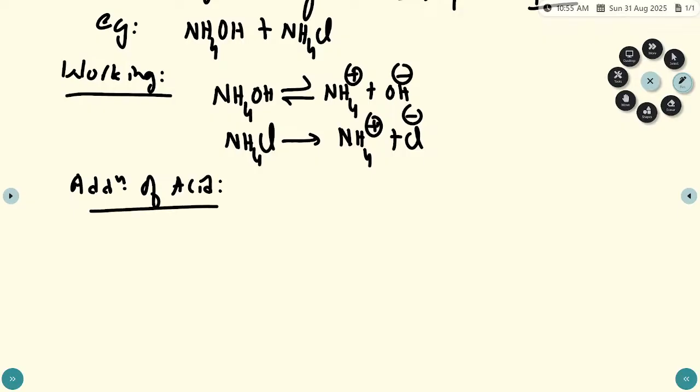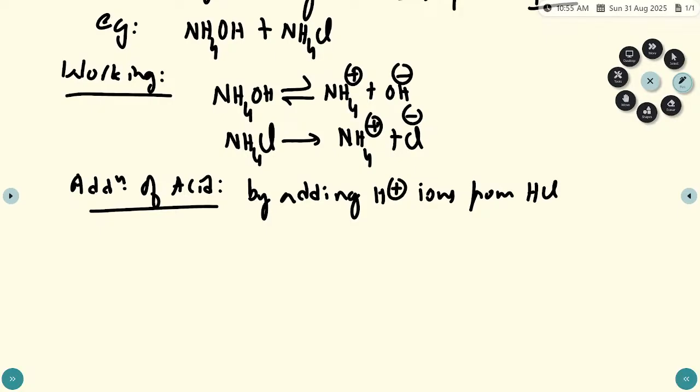Addition of acid means adding H plus ions from a strong acid, that is HCl. Adding H plus ions from HCl, what happens? That H plus ions combine with OH minus ions.